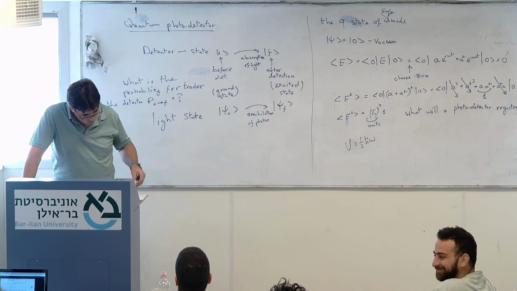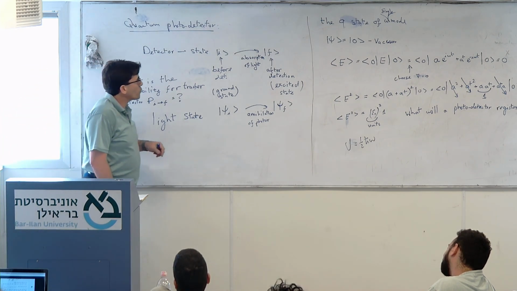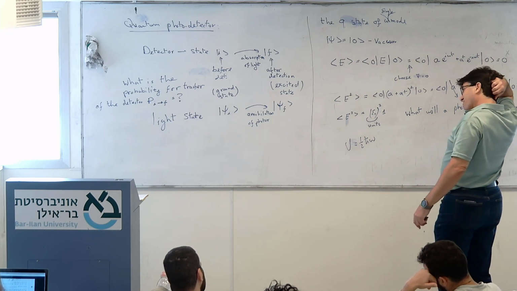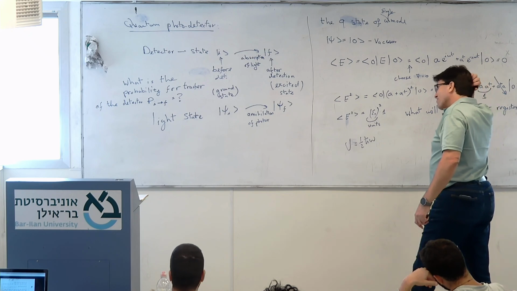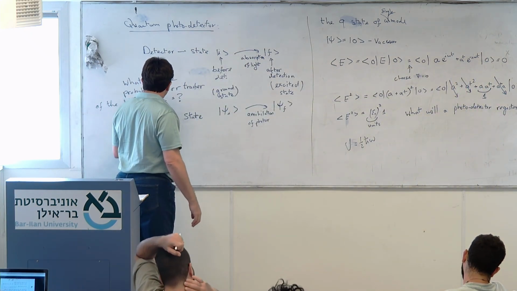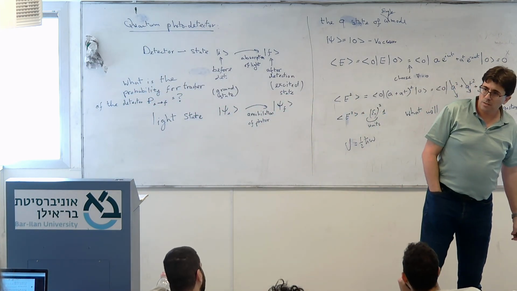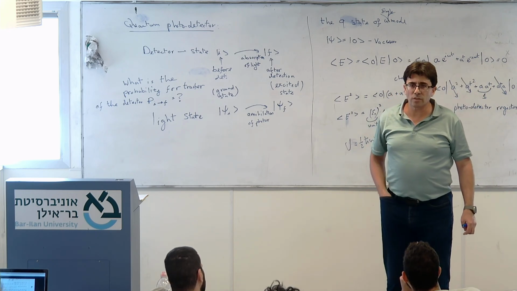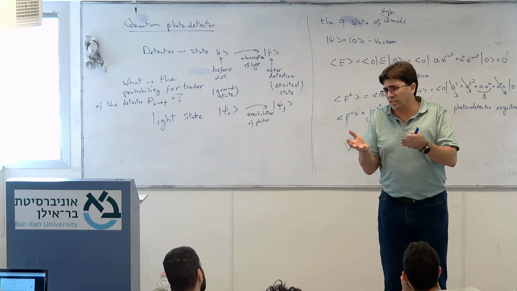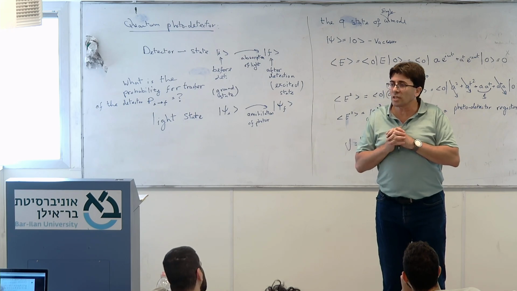So, okay. Now, classically, a detector responds to the field intensity, because that is the energy density. Energy density and field intensity classically are the same at the location of the detector.